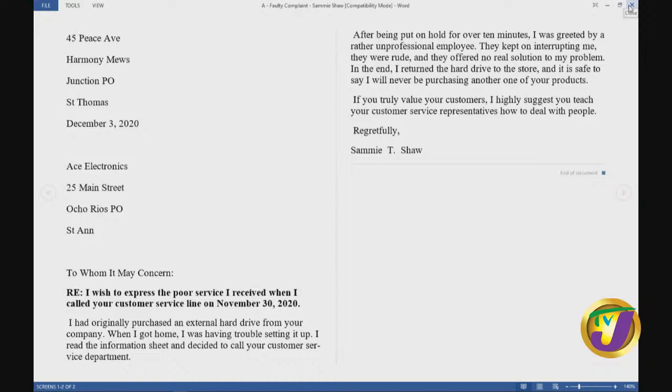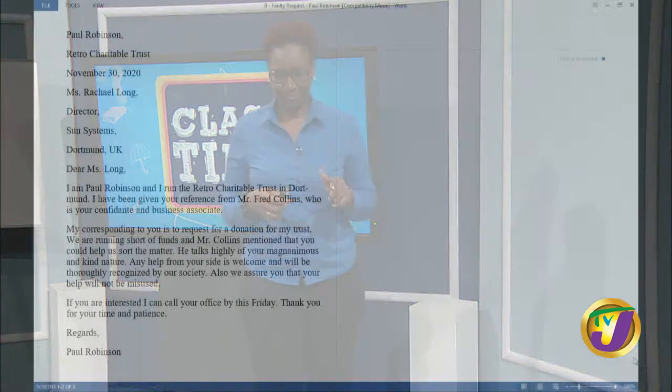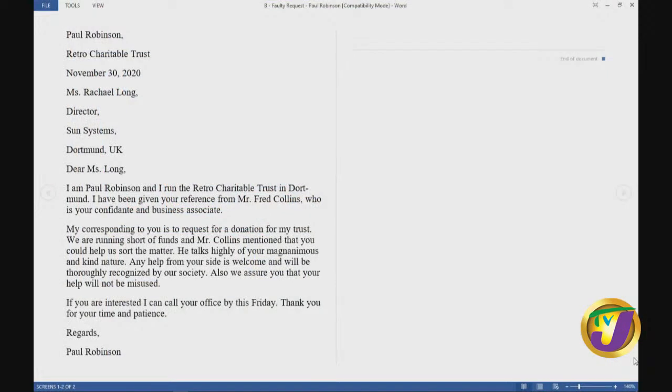All right, so keep those in mind as we look at the next letter, which you should be able to also find out what was wrong. This one is a request letter. Again, you're looking at all the details, from the address right down to the salutation to the close.